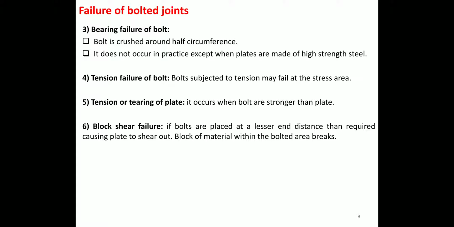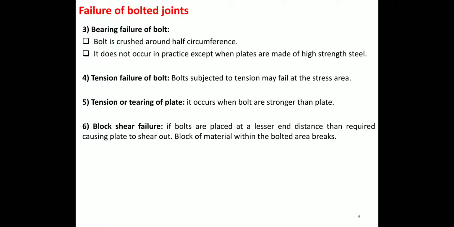Fourth type of failure is tension failure of bolt. Tension failure of bolt is nothing but the bolt subjected to tension may fail at the stress area. Fifth one is tension or tearing failure of plate. It occurs when bolts are stronger than the plate, meaning the strength of the plate is lesser.